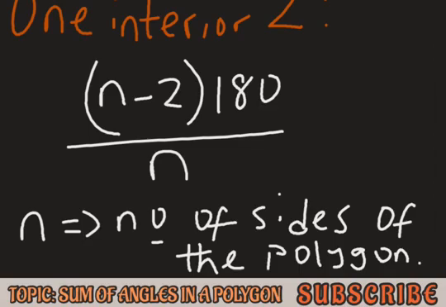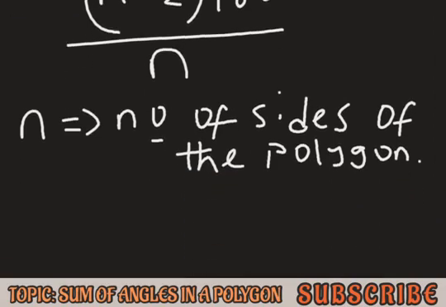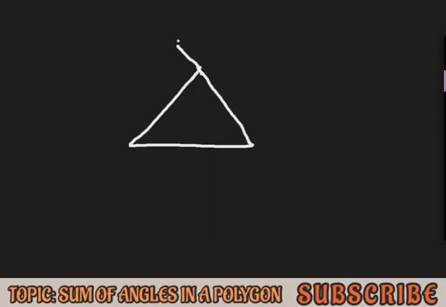What is an exterior angle? An exterior angle is simply the angle formed by the sides of a polygon when extended beyond the vertex. So here is an exterior angle, here is an exterior angle, as well as this.